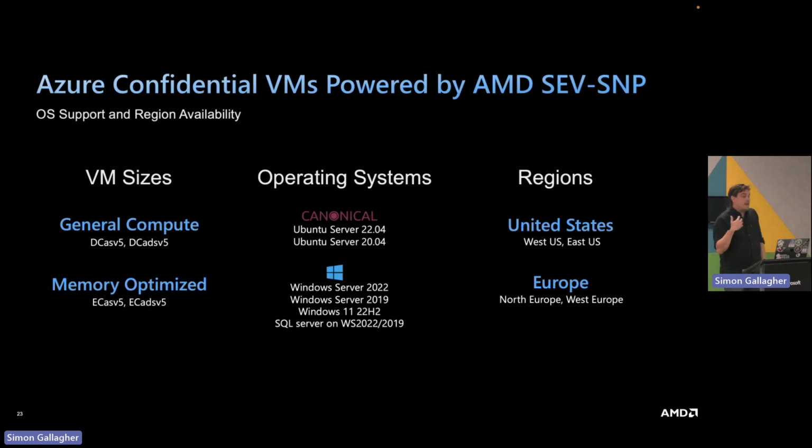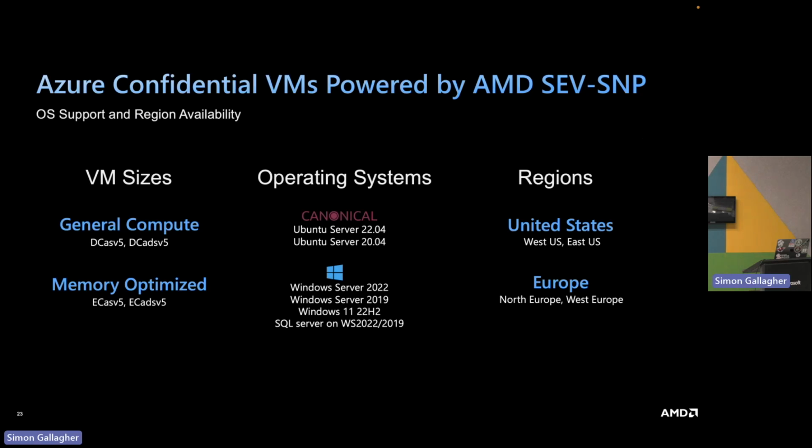So if we were to look at what we have today with the AMD offering, this is literally something you can deploy today and underpins, for example, ACI and some of the AKS offerings. There are 2 types of SKU, and I would point this out because it's really easy to deploy the wrong one by accident.